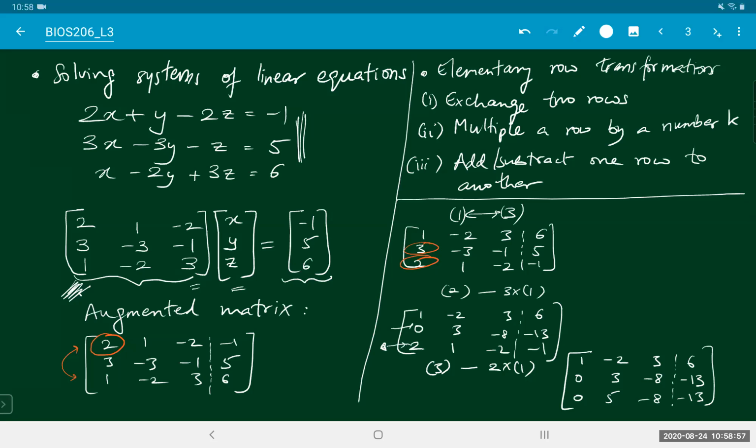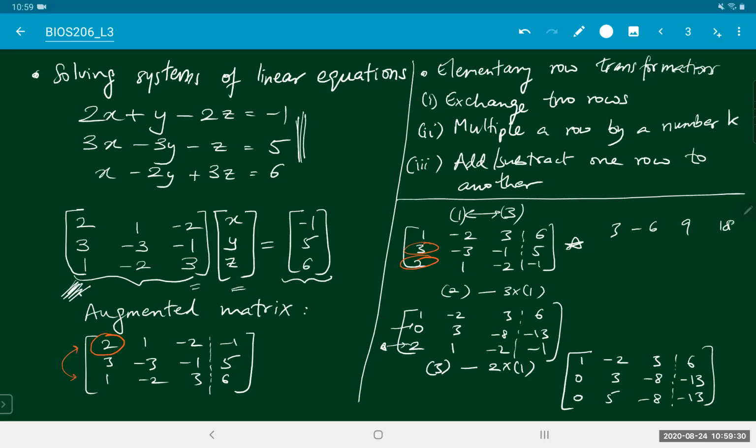So I'm combining rule numbers 2 and 3. Okay, so let's say I start over here. In the first column, I have a 3, which I want to get rid of. I want to make it 0. So if I multiply the first row by 3, then the first row will become 3, minus 6, 9, 18.